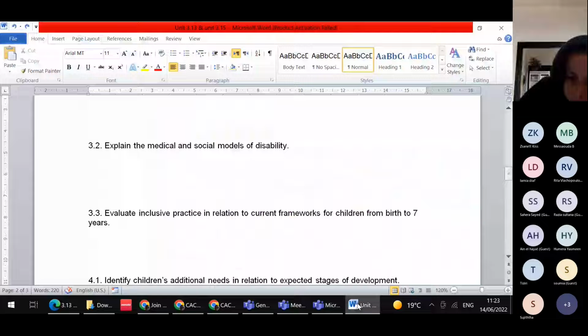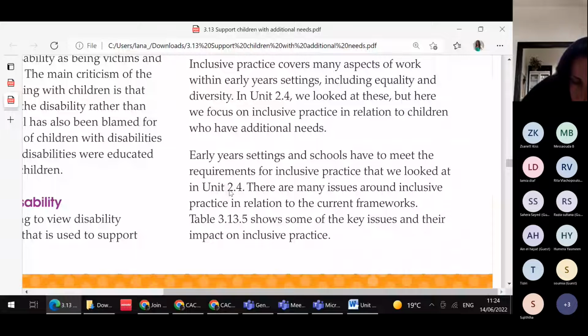You either go back to 2.4 or go to table 5.